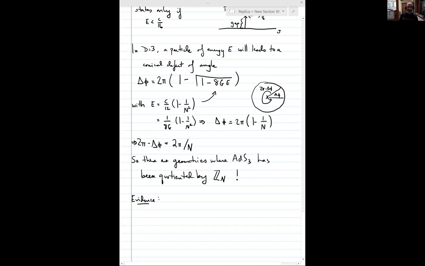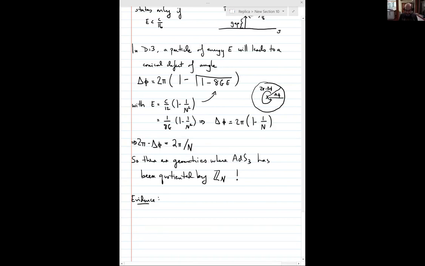So, Alex, the Zn quotient of AdS, do we know the energy of that precisely? I mean, including the order 1 corrections. We compute, yeah. And the order 1 corrections, you need to match those of the Zn? Not quite. It's kind of interesting, actually, and I don't have a great interpretation for it.